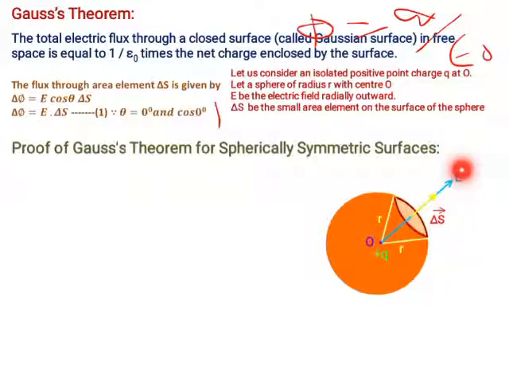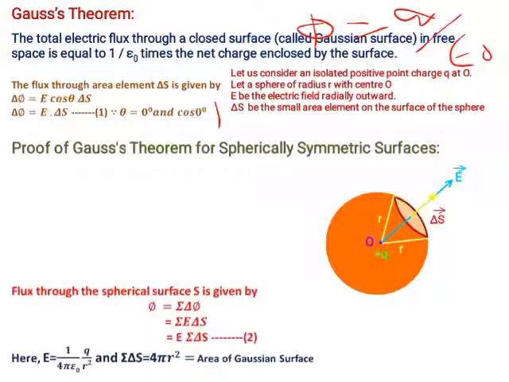Both are overlapped here. What is the angle between these two, E and delta s? Definitely the angle is 0. If the angle is 0, then cos 0 is equal to 1. That is the reason delta phi is equal to E into delta s. You call it equation number 1.